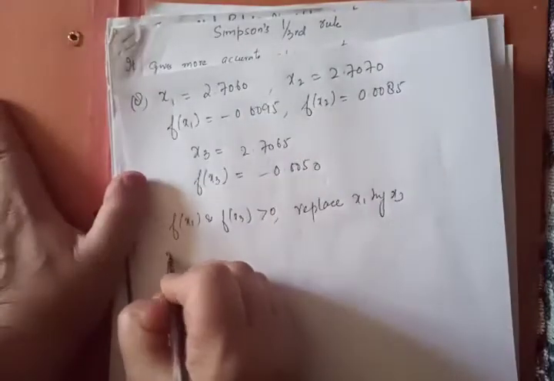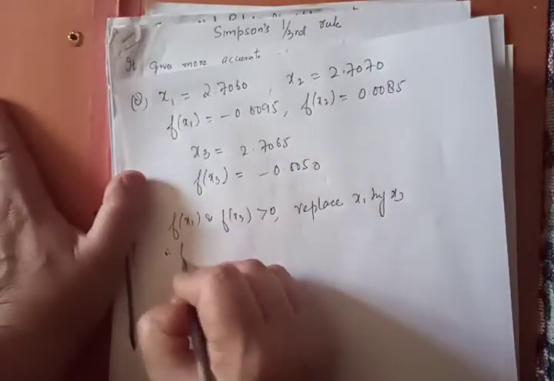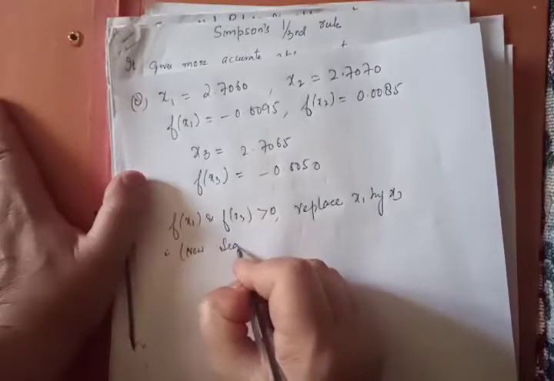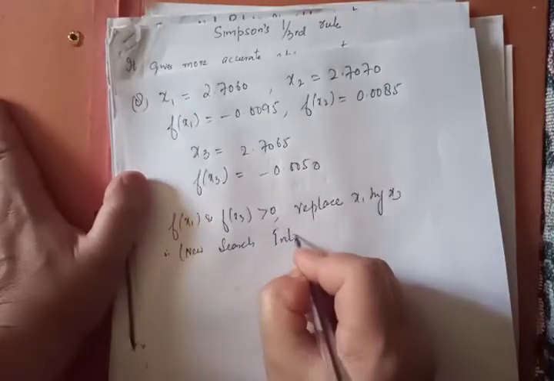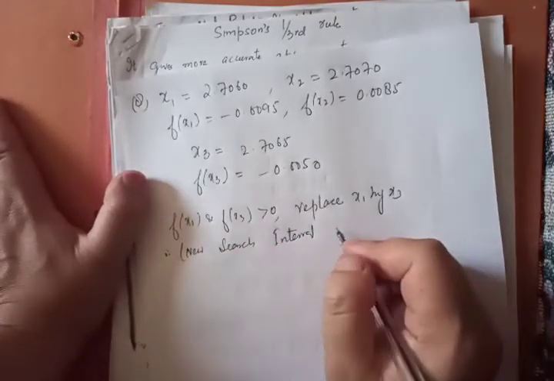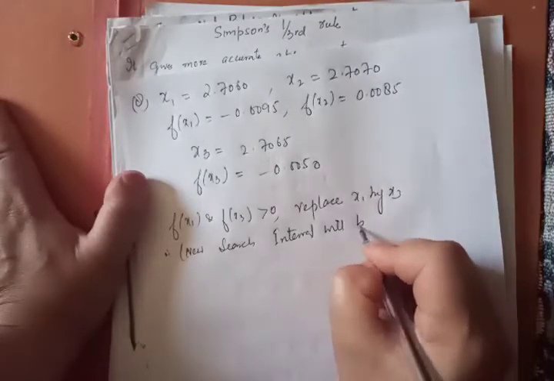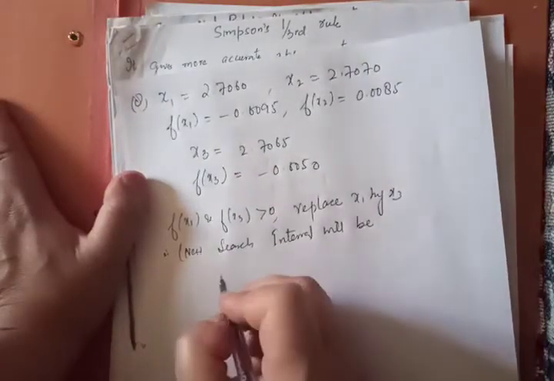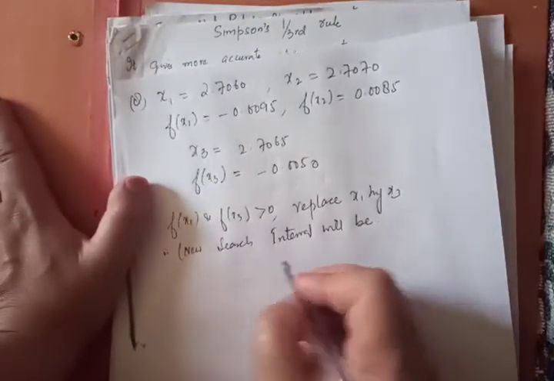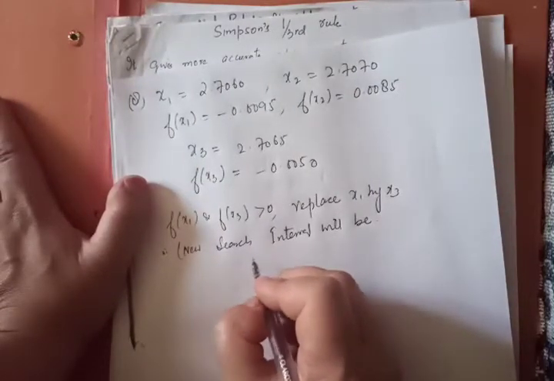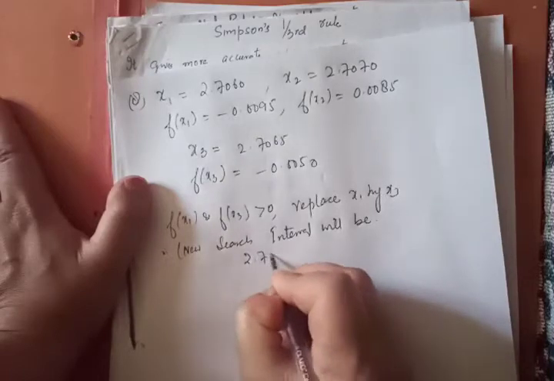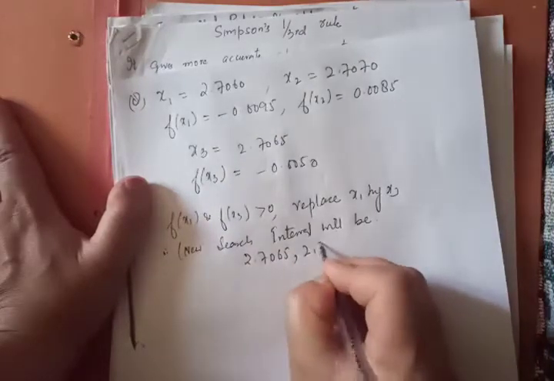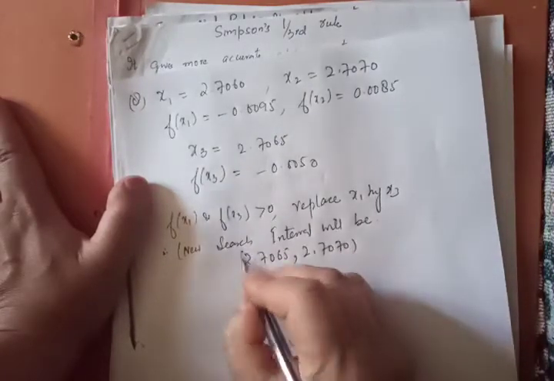So what will be the new search interval? x1 को रिप्लेस करना है, so 2.7065 and x2 would remain as it is.